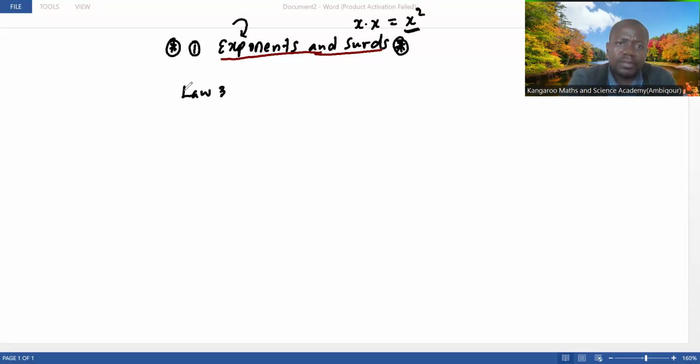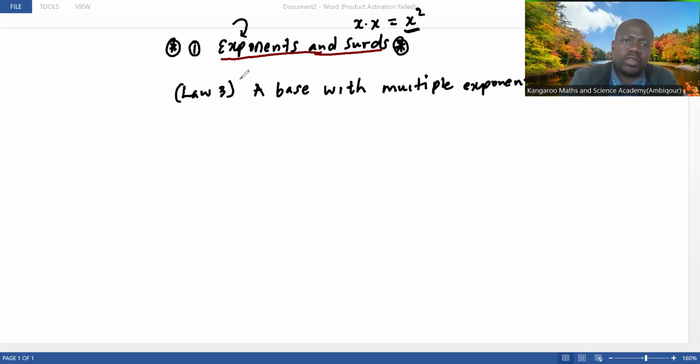Law number 3, where we have a base with multiple exponents. Very important. One base with multiple exponents. You need to be able to understand which one is an exponent and which one is a base.